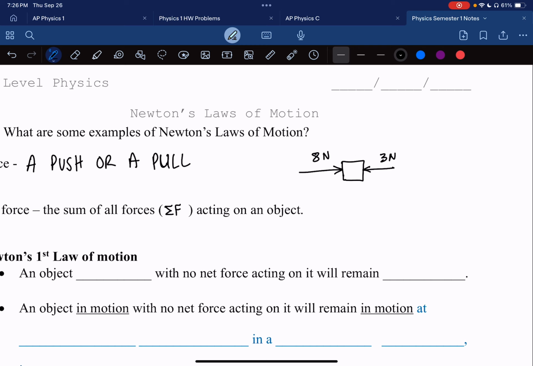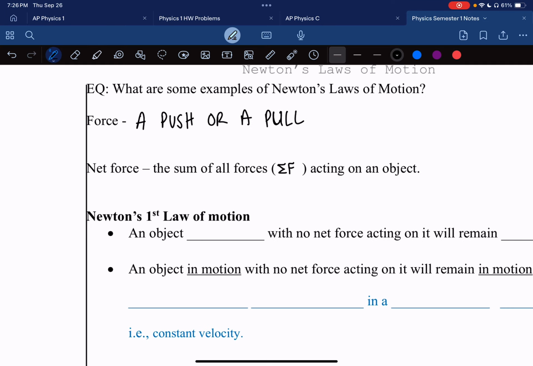We sort of subtract them, and the bigger one kind of wins there. So the net force on this would be about 5 newtons to the right. So that's what sum of all forces means, in a limited context there.